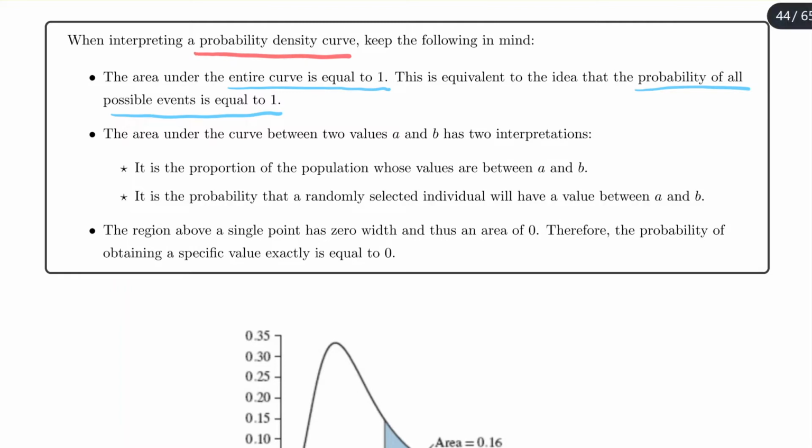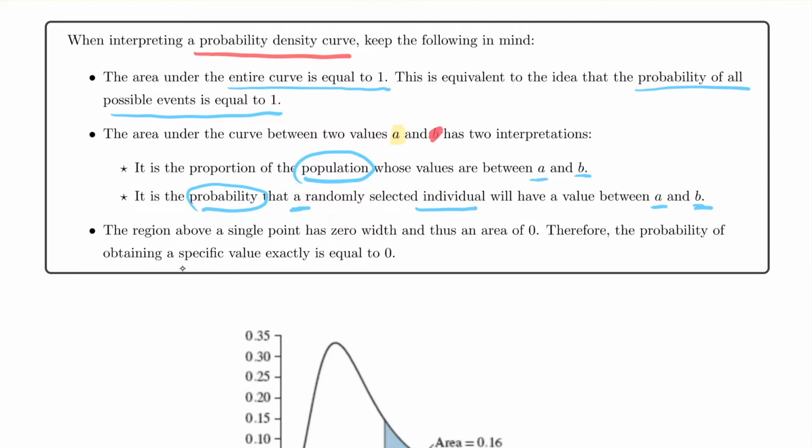And the area between two values, A and B, has two interpretations. It is the proportion of the population whose values are between A and B, or it is the probability that a randomly selected individual has a value between A and B. And the region above a single point has zero width, thus an area of zero.